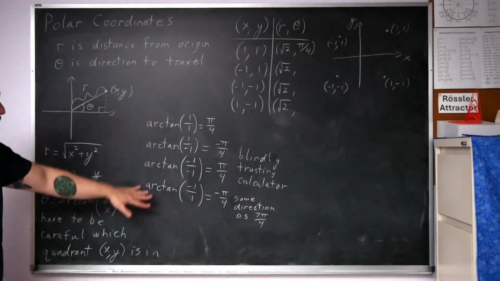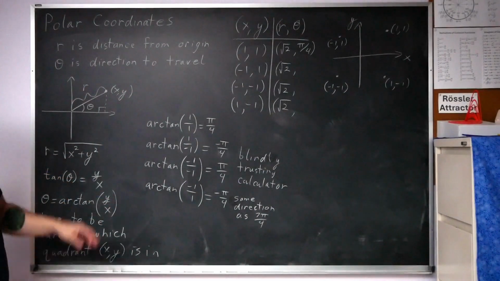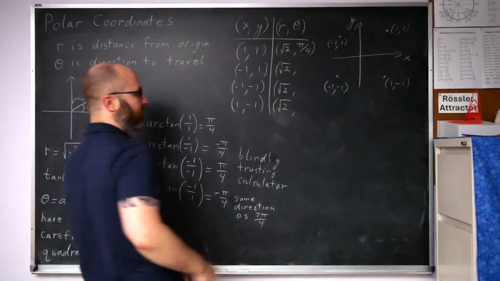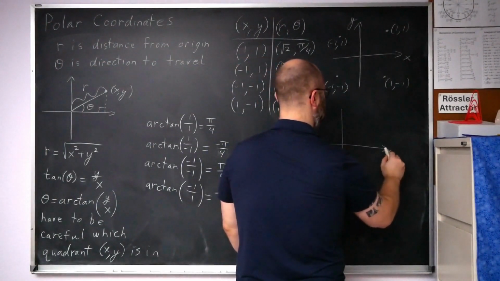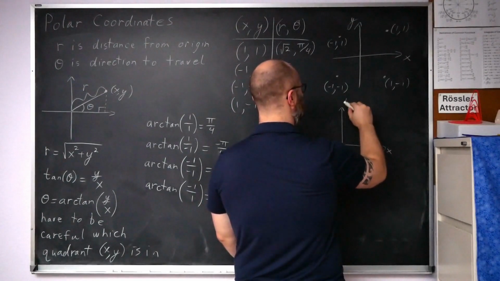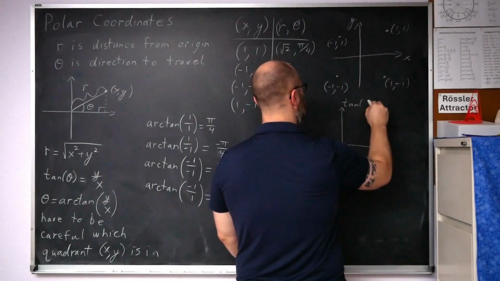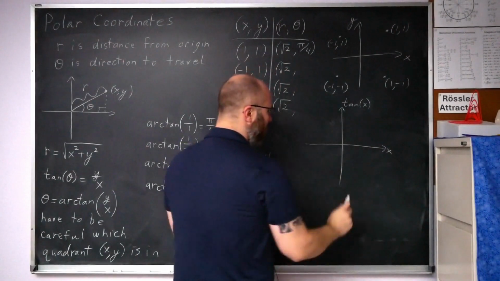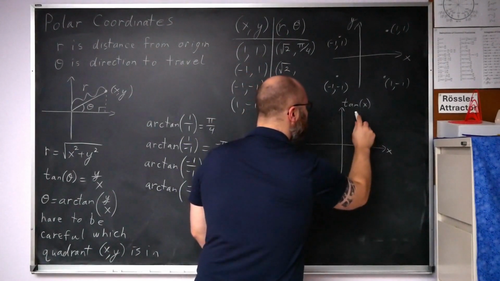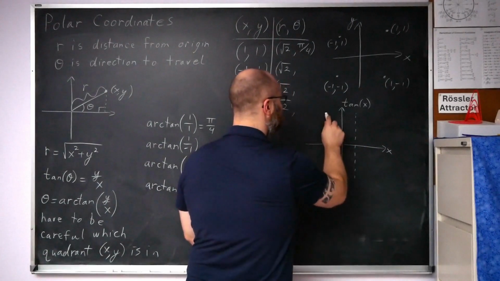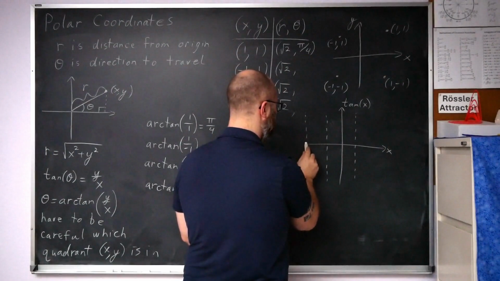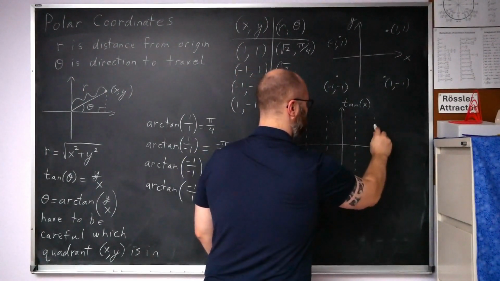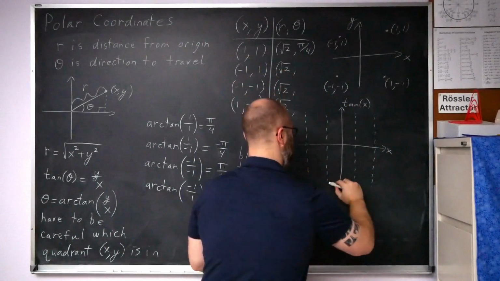The reason those numbers come out is, right, tangent, if you graph it out, I'll say tan of x and x looks like this. So let me give myself a little bit of an aid here.